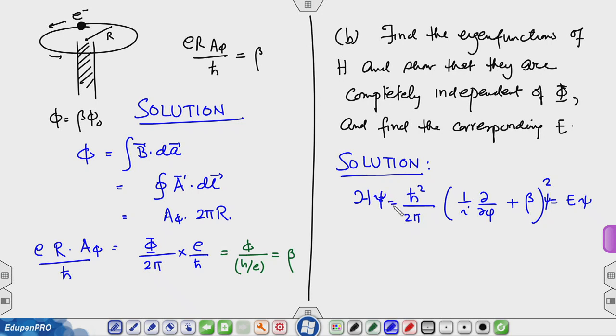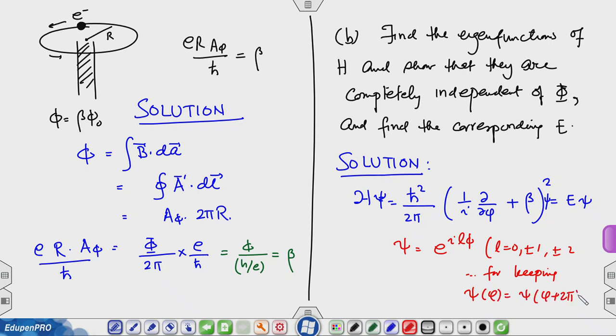This is the Schrodinger equation that we are solving. So, I can take psi to be e raised to i L phi, where L equals 0, plus minus 1, plus minus 2, and so on, for keeping psi of phi equals psi of phi plus 2 pi.